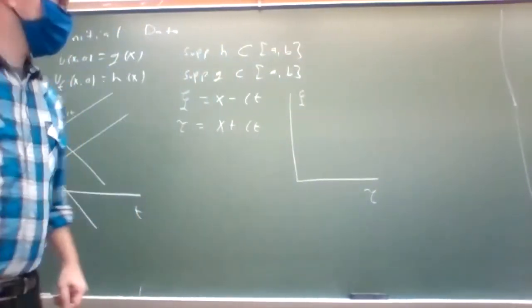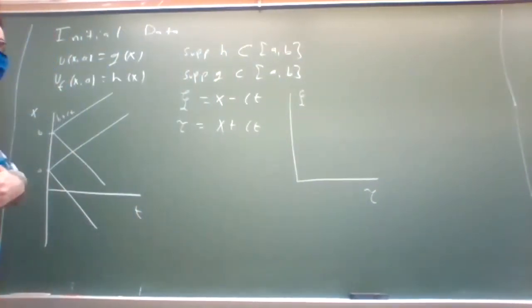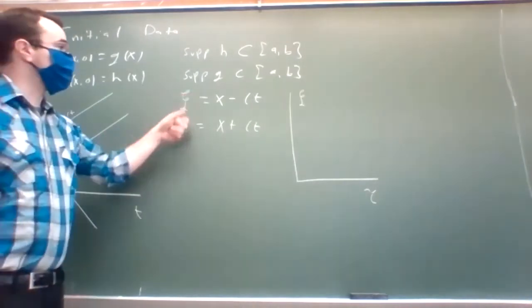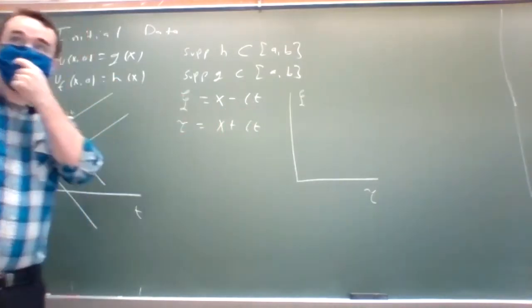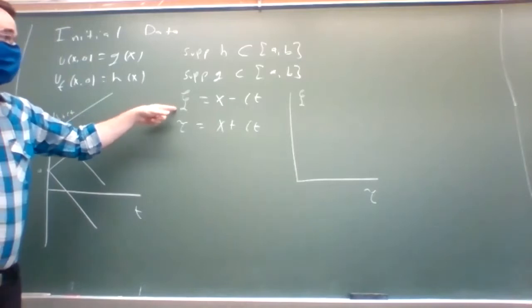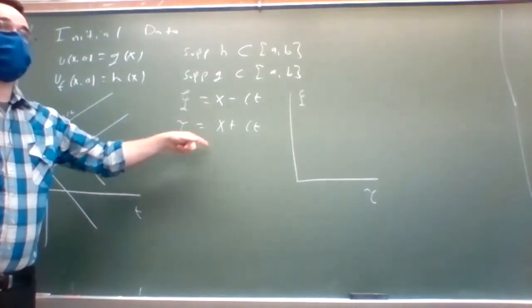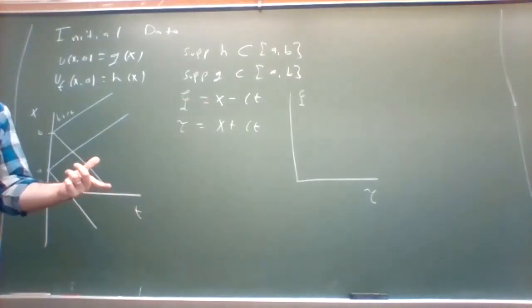Okay, giving you some time to think, the first thing I'm interested in is what's this vertical line? So what's the line given by t equals 0? You can reason it out by plugging in t equals 0 to those equations, finding out that xi and tau are both equal to x and therefore equal to each other.